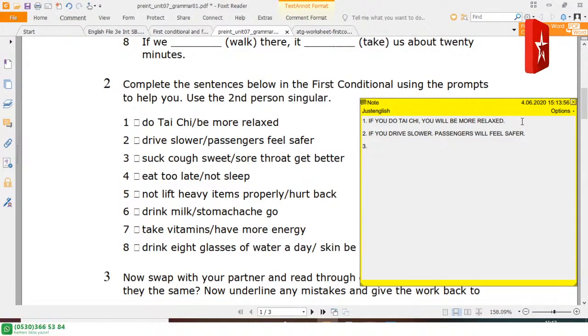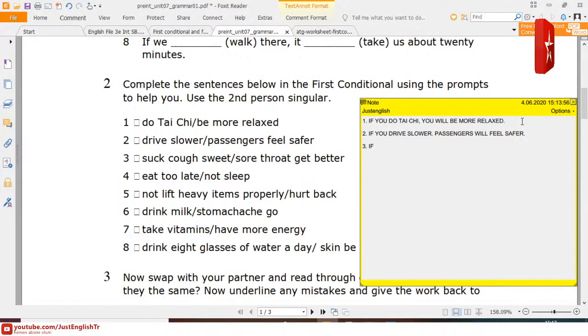If you suck cough sweet, you will... no. Okay. Waiting for other students' comments. So number 3, I am waiting for your answers to number 3. Kadir says, if you suck cough sweet.